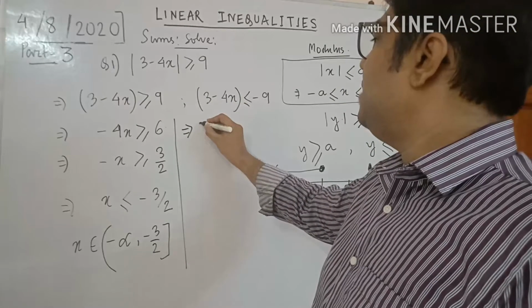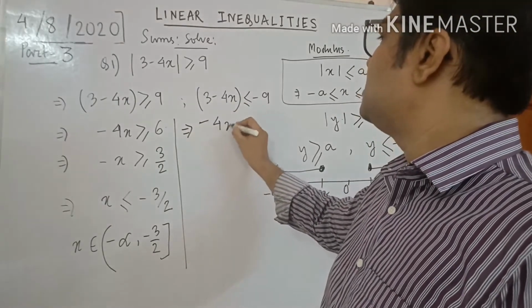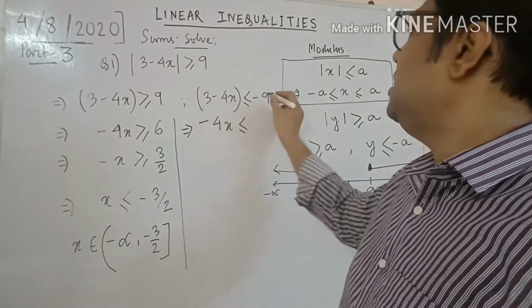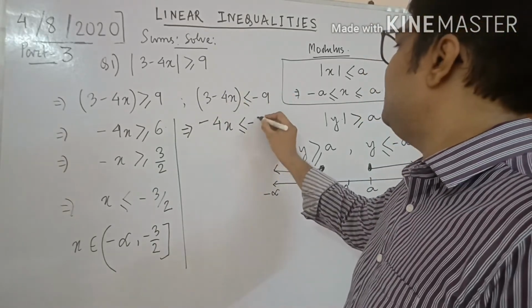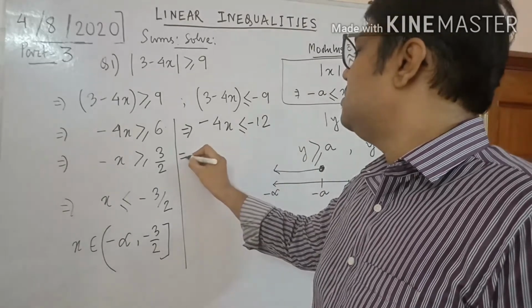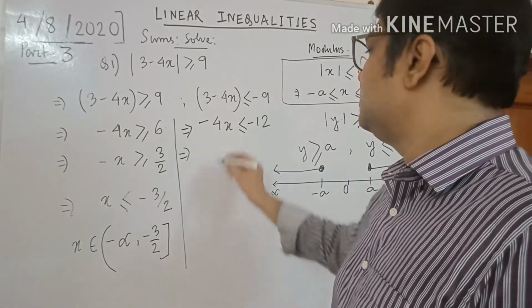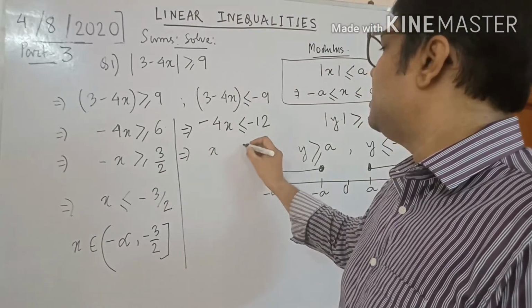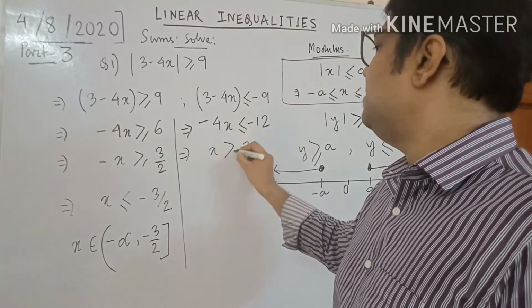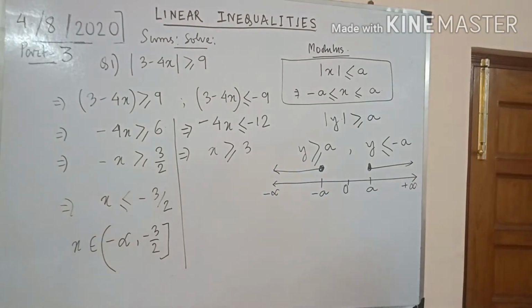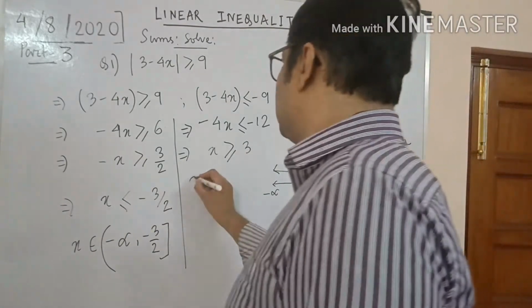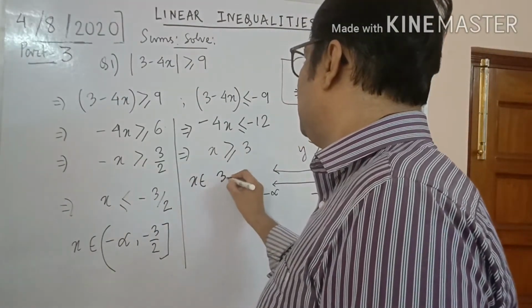Now 3 minus 4x, so minus 4x, 3 is subtracted, so minus 12. If you divide by minus 4, you get x and you get a 3 over here, but this sign becomes like this. So it becomes 3 to infinity. So x belongs to 3 to infinity.